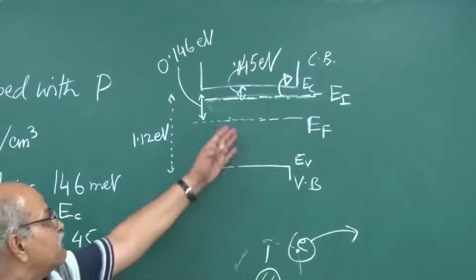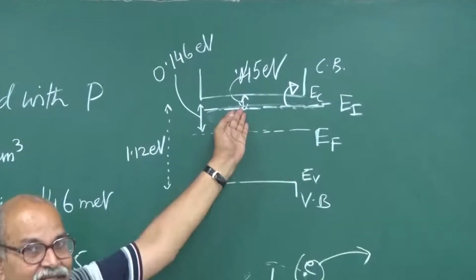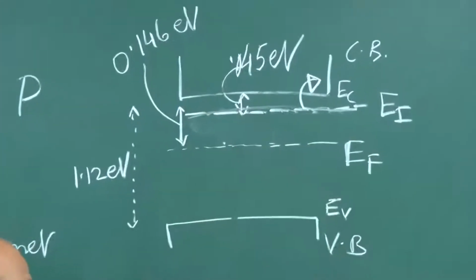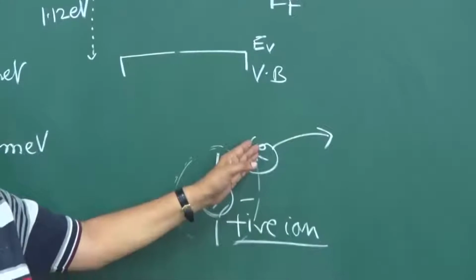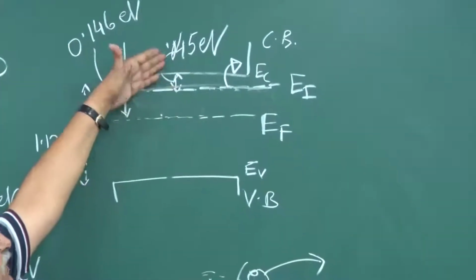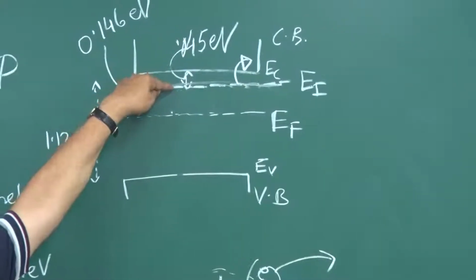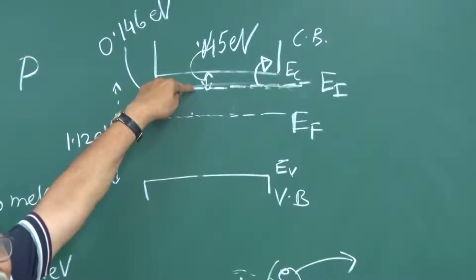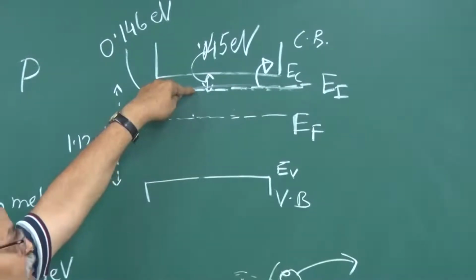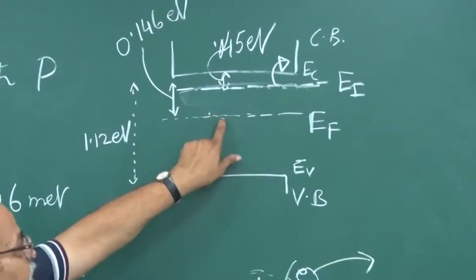These impurity levels are created here. So you have created new quantum states, and there are electrons to start with. But then these electrons are going to the conduction band, and there is a probability of that. So what is the probability that a quantum state here is filled by an electron? That probability we can calculate, and for that this EF is needed.